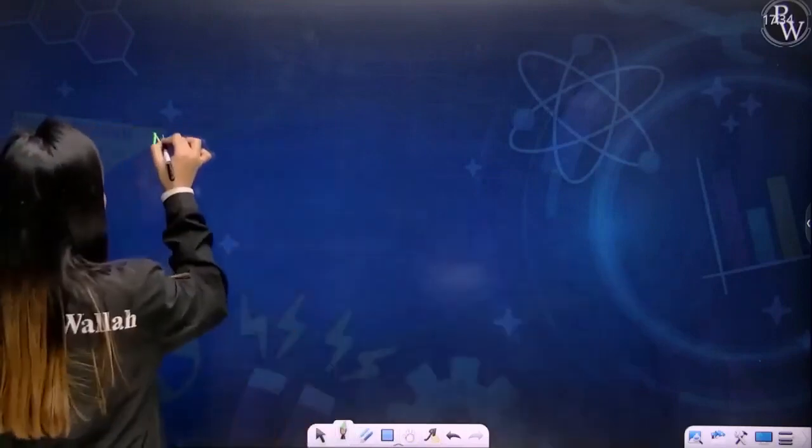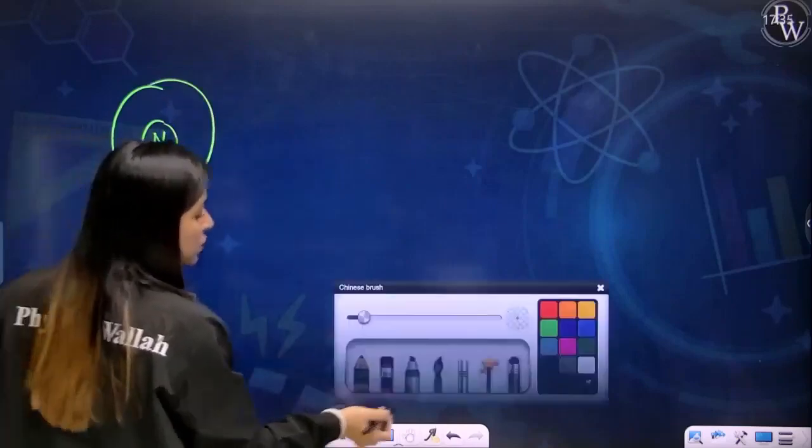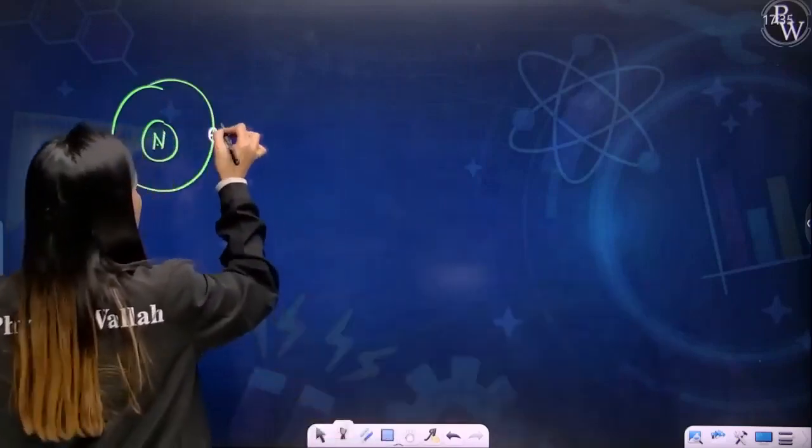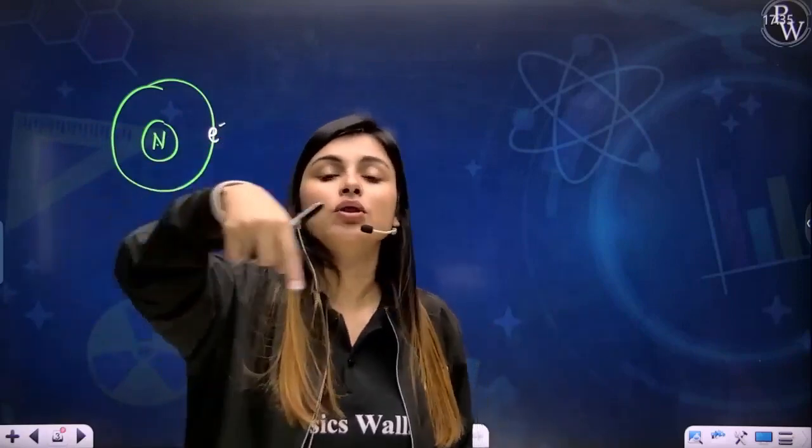Let's say there is a nucleus and you have an electron. It can rotate along its own axis and it will also revolve around the nucleus. Both of them take place at the same time. This is how an electron is moving.